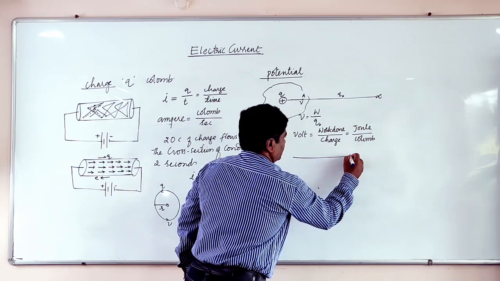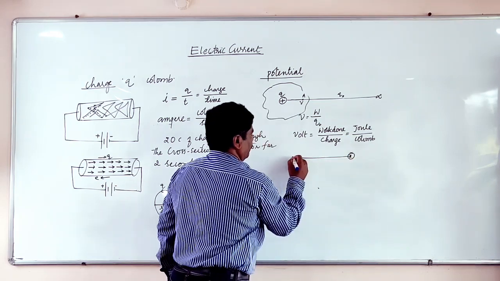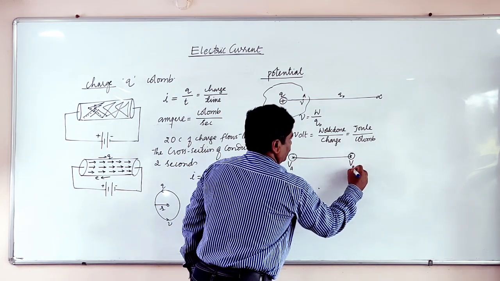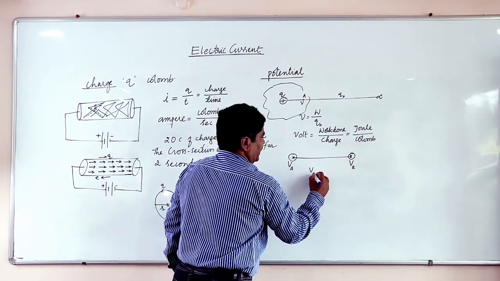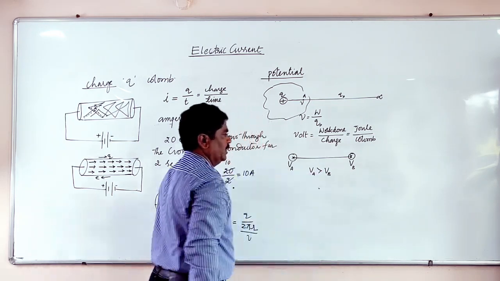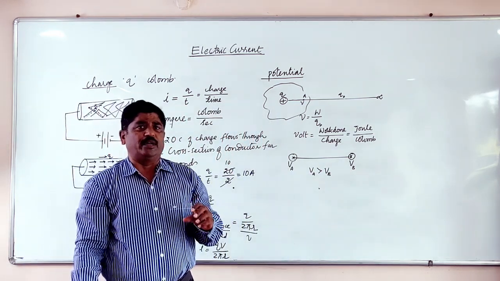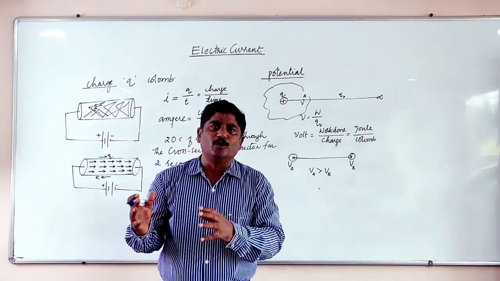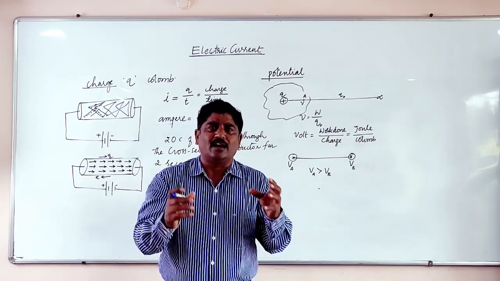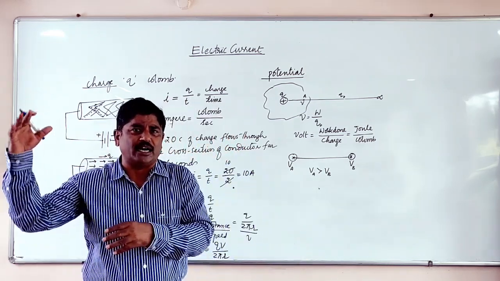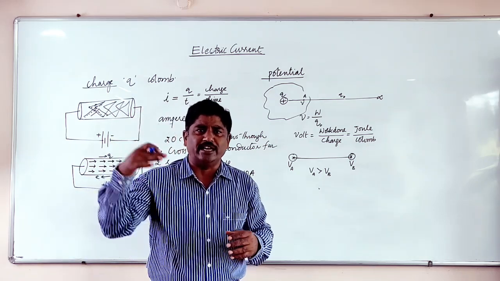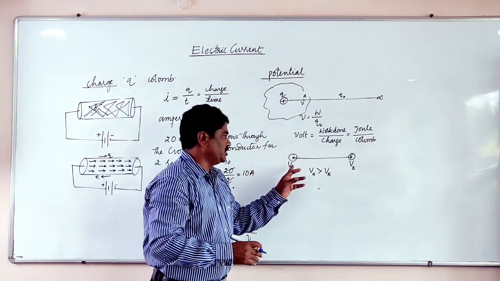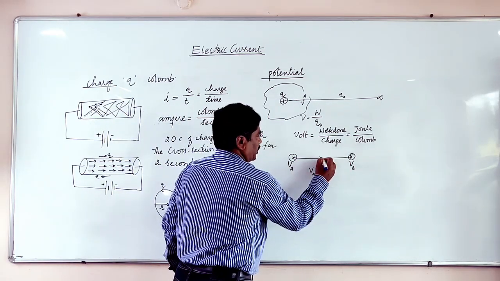But if two points have a difference of potential, for example VA and VB, with VA greater than VB, then, just as heat flows from high temperature to low temperature, wind blows from high pressure to low pressure, and water flows from a higher altitude to a lower altitude, according to nature electric current moves from higher potential to lower potential.